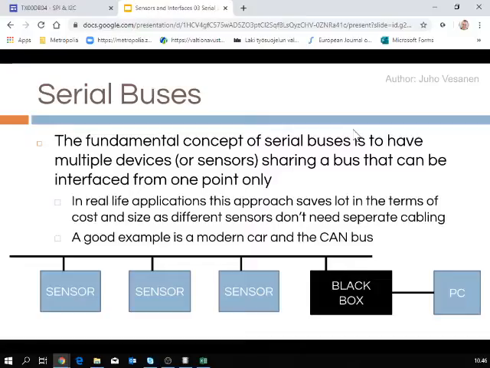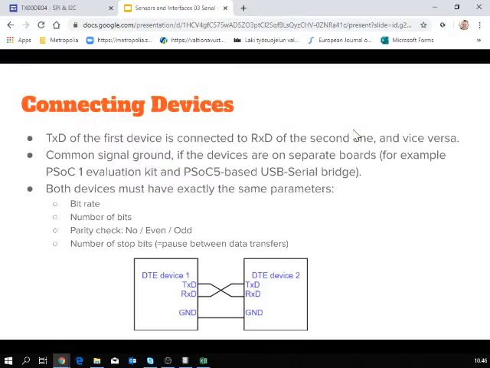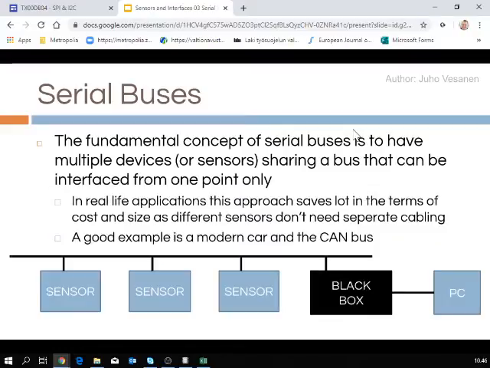Okay, serial bus. Fundamentally, a serial bus concept means that we can have multiple sensors sharing a bus. That makes it a bus. So what you had previously is not yet a bus, it's just a data connection. What makes it a bus is that you have multiple sensors, which means that you need to have some sort of addressing.